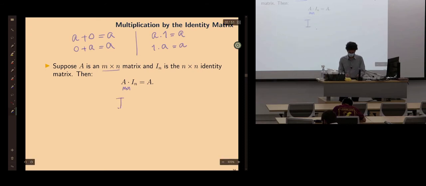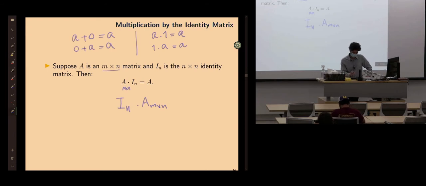Can I also do this? I'm shaking heads, angry faces. No, we can't. What should I fix here? You need to have the columns of the leading matrix match up with the rows of the second one.